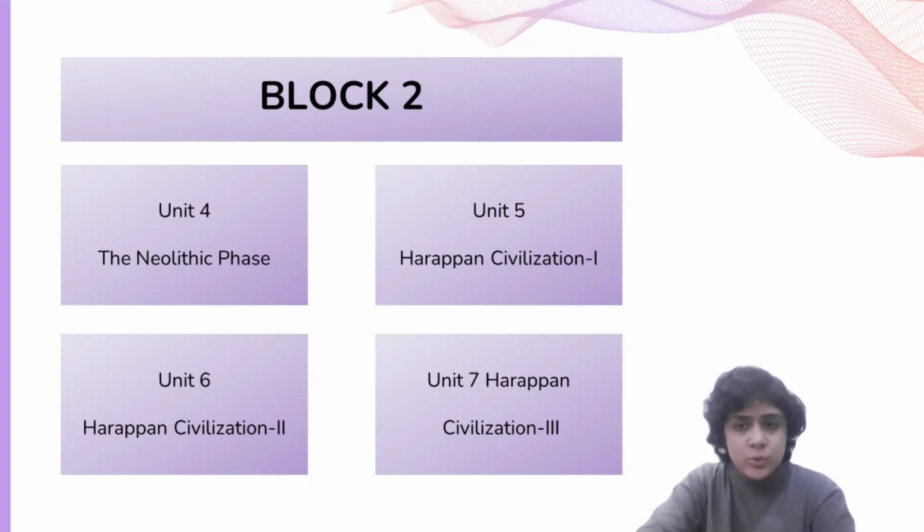As we progress through the last three units, our focus turns toward the enigmatic Harappan civilization. The excavations conducted at Harappa and Mohenjo-daro during the 1920s had a profound impact on our understanding of Indian history.